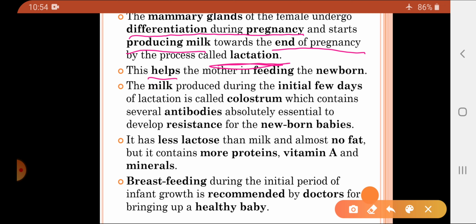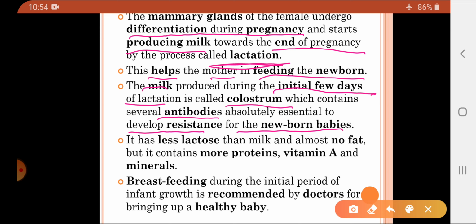Now, this helps the mother to feed the newborn. The milk which is produced during the initial few days of lactation is called colostrum, and this colostrum is pale yellowish in color and contains several IgA type of antibodies, and these antibodies are very much essential to develop resistance in the newborn babies.